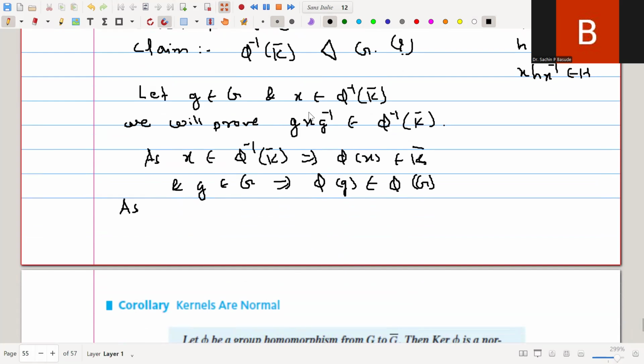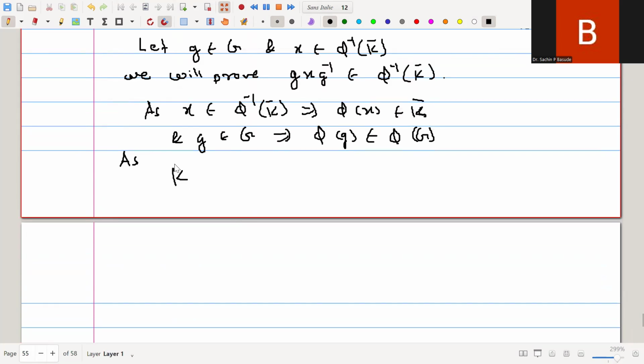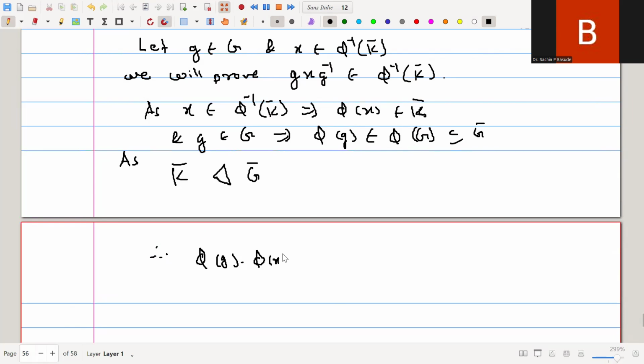As K bar is normal in G bar, therefore, taking one element from G bar and one element from K bar, phi of g into phi of x into phi of g whole inverse belongs to K bar.